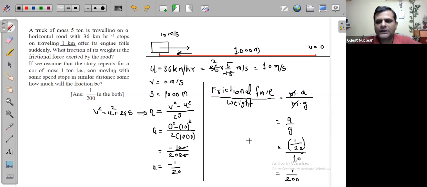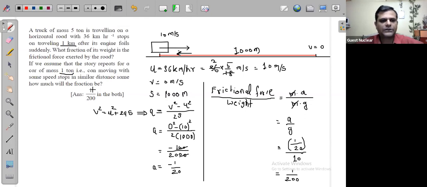One more question is asked here. If we assume that the story repeats for a car of mass 1 ton, whereas the truck was of mass 5 ton, actually mass is not used anywhere in this example because mass has been cancelled in this step. Even if the same story repeats for a car whose mass is 1 ton, moving with the same speed and stopping in a similar distance, how much will the fraction be?